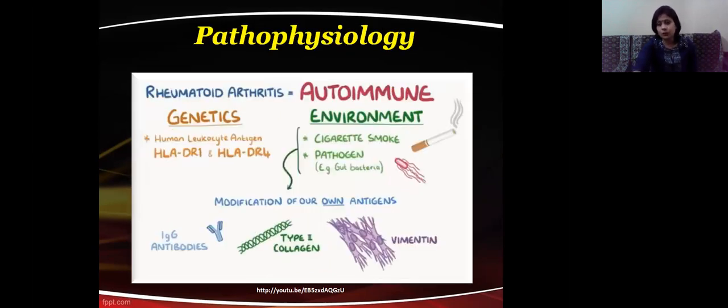Now we will see the pathophysiology of rheumatoid arthritis. So rheumatoid arthritis is an autoimmune disorder which begins as a result of interaction between genetic factors and environmental factors.